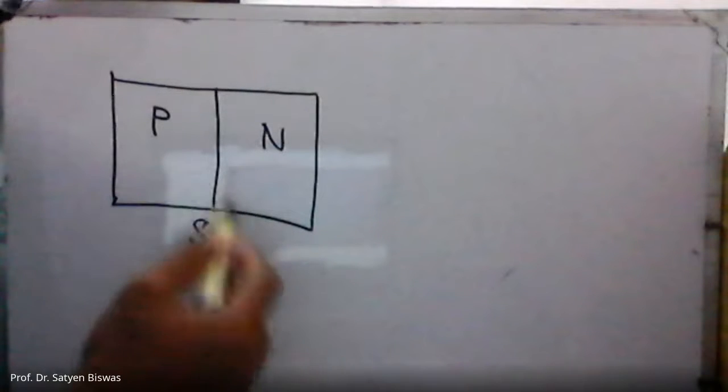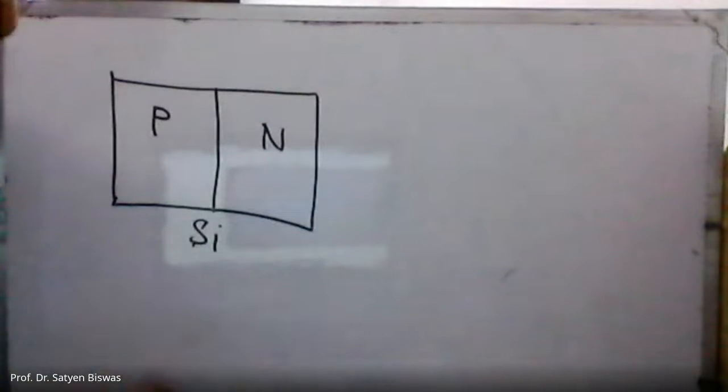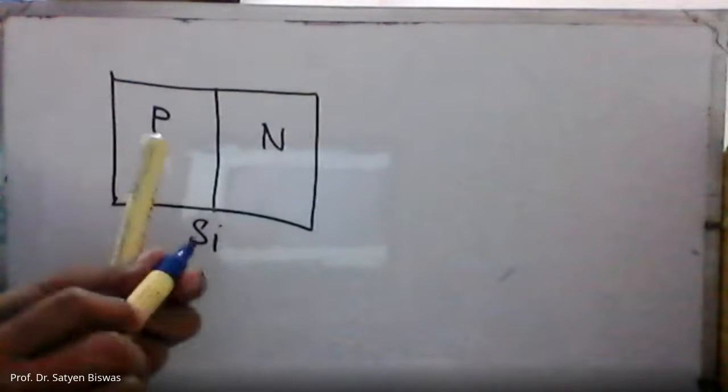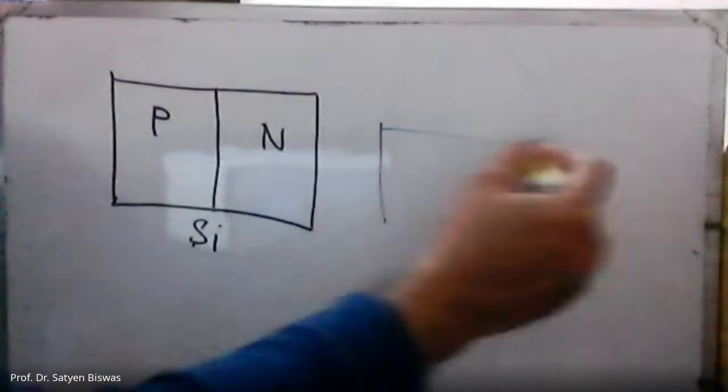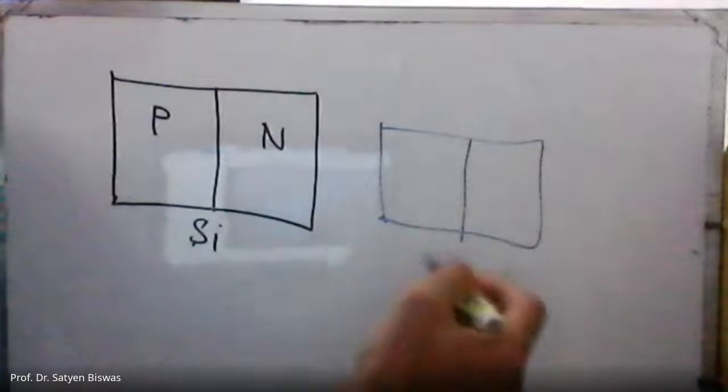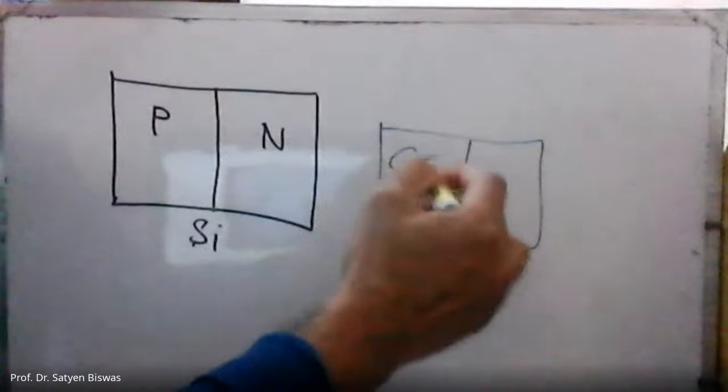Anyway, so both sides are silicon, but in some cases, there are so many advanced materials and advanced transistors, very fast, more efficient transistors. In those cases, these two sides, P and N, are made out of different kinds of materials. Like here, let's say this side is gallium and arsenic.